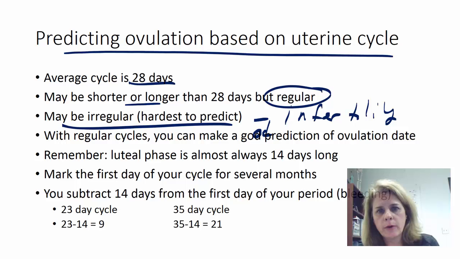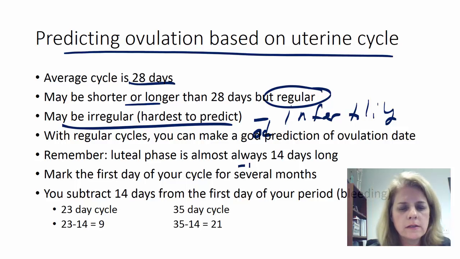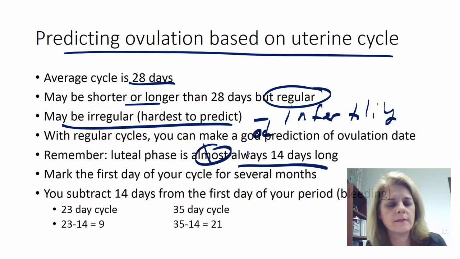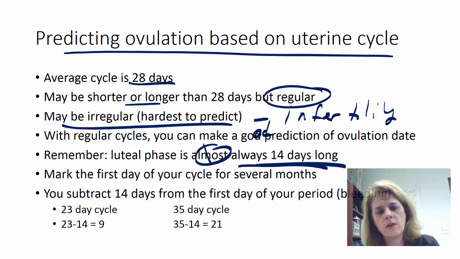So what you have to remember is your luteal phase is almost always, and I never say always, I never say never, so almost always 14 days long. So if you're trying to figure out when you ovulate, over several months, you just make a note of when the first day of your cycle is. And you do that for several months, and you get an average. So my period typically is every 28 days.